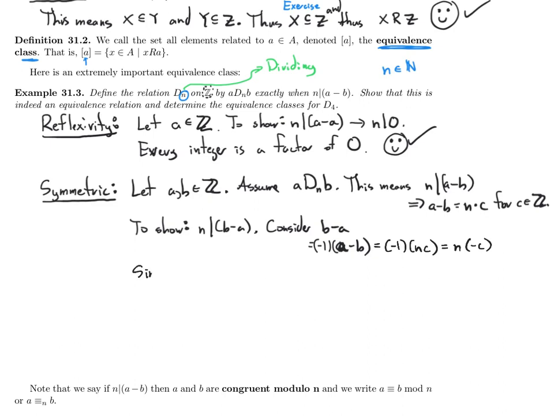Since negative C is indeed an integer, I have that n is a factor of B minus A. I wrote it as B minus A equals n times the integer negative C. So symmetry is done. Let me put my smiley face.